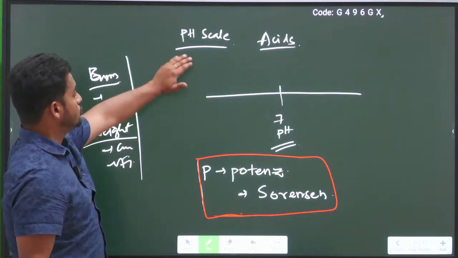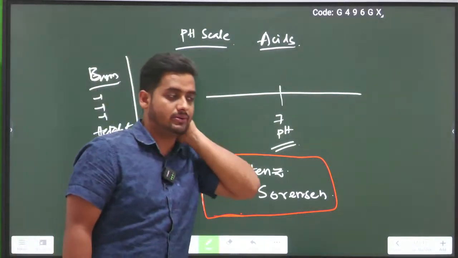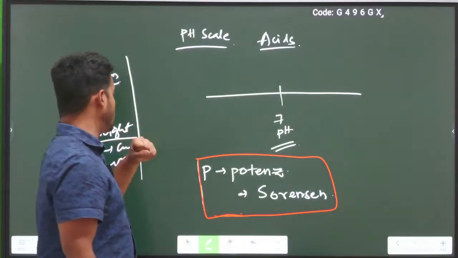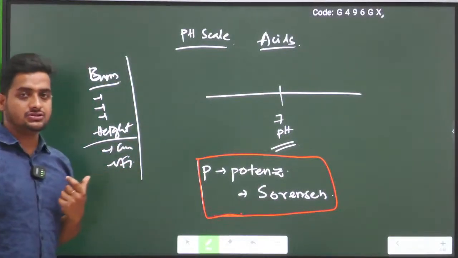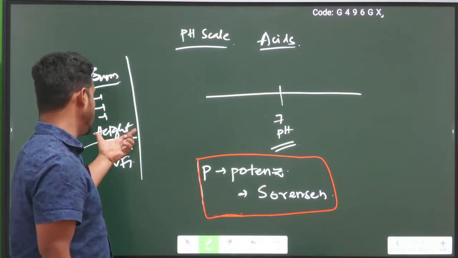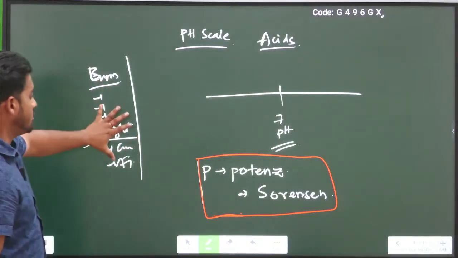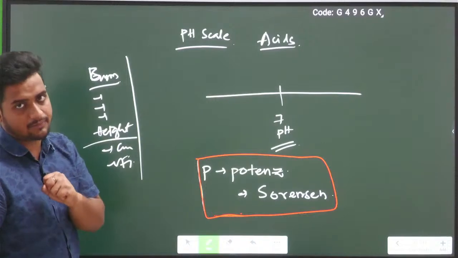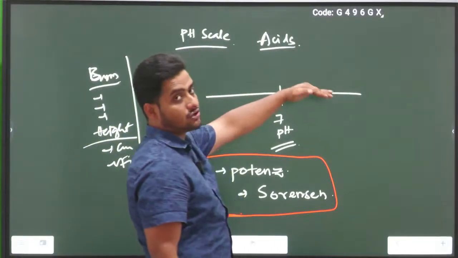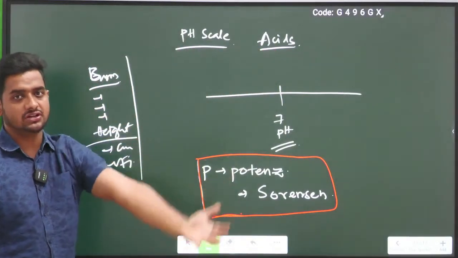As I said, we are going to discuss this pH scale. If you go to the gym, they will measure your bicep, tricep and all, and determine how much strength you have. If you go to a sports competition or for some jobs, they will measure your height in centimeters, feet and all. In the same way we measure the strength of a chemical substance by pH, how acidic it is.